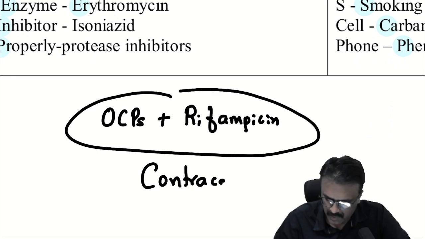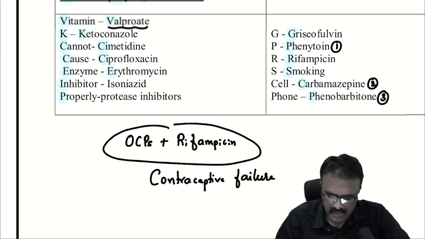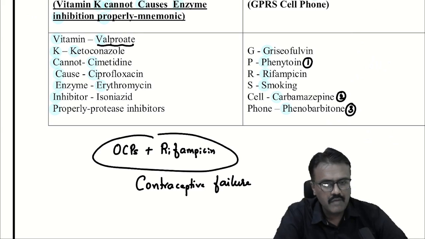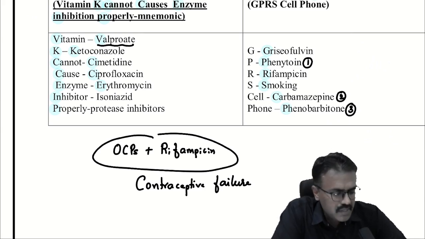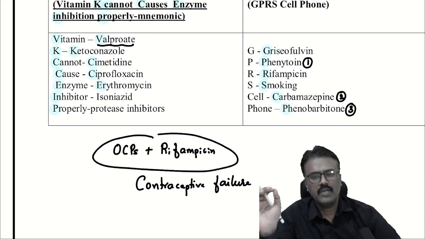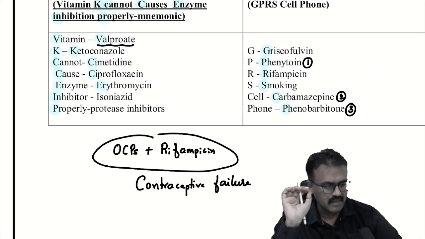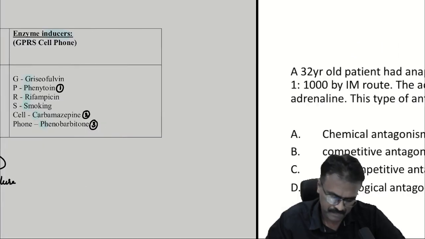This is tested repeatedly. So let us revise the mnemonic again. "Vitamin K cannot cause enzyme inhibition properly" is for enzyme inhibitors. "GPRS cell phone" is for enzyme inducers. Correct? Yes. So you have to revise with me.